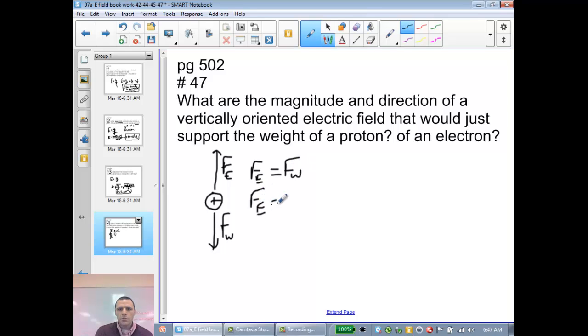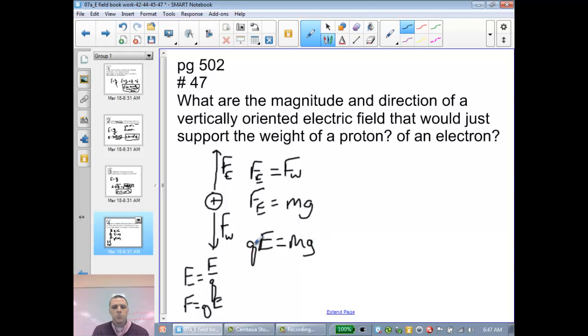To calculate the weight of something, that's just its mass times the acceleration due to gravity. The electrostatic force can be calculated from the electric field strength, which equals F divided by Q, so F equals Q times E. So Q times the electric field strength equals M times G. Q is the charge of the proton, E is the electric field strength that it's in.